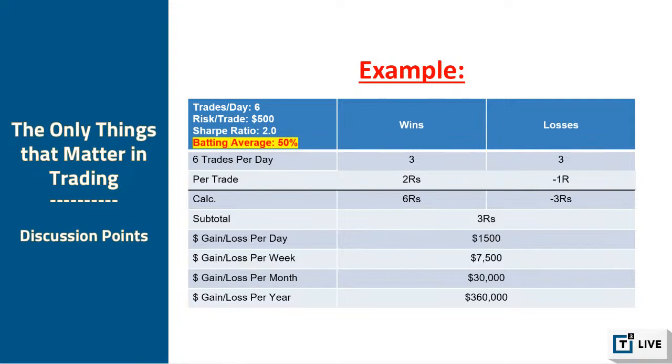So that goes to 360. It's incredible. If you say, well, I want to improve my batting average from 50% to 75%, I would say you're not being serious.